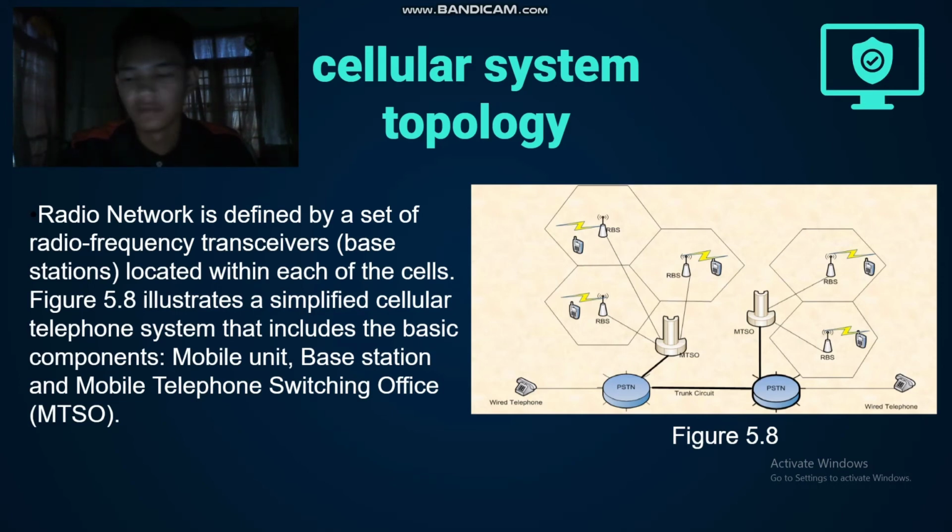Figure 5.8 illustrates a simplified cellular telephone system that includes the basic components, which are the mobile unit, the base station, and the mobile telephone switching office, which is MTSO. So Figure 5.8 illustrates the cellular system topology.